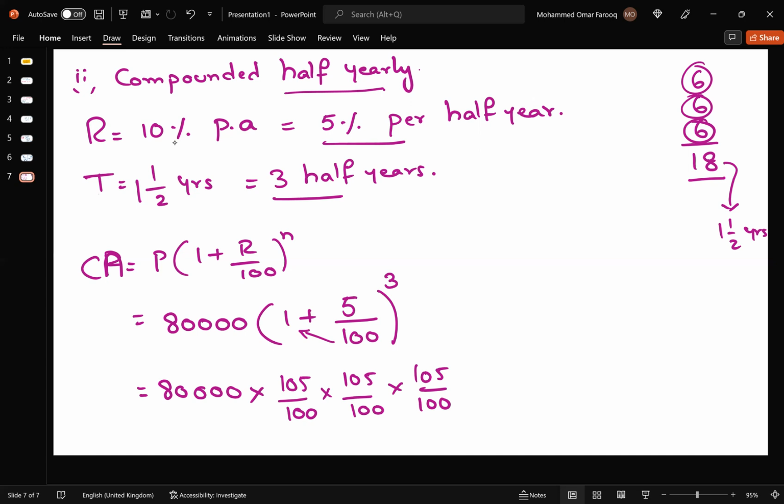So now let us cancel 1, 10, 100, 1000, 10,000. So what is left out? 8 multiplied by 105 multiplied by 105 multiplied by 105 divided by 100.